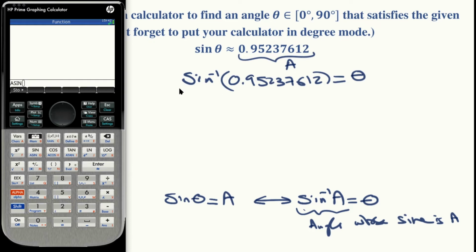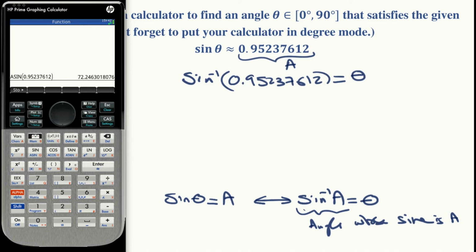So we're going second, again, make sure you're in degree mode, which I already have made sure that I am. And then you're going to type in that number, 0.95237612. Now remember, we're looking for an acute angle which has this particular sine. There it is. Okay, so we get 72 approximately.